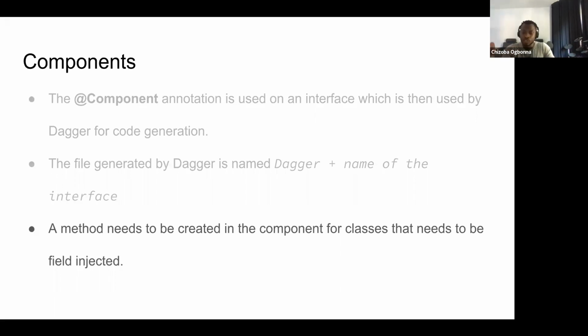I'm sure a couple of us have heard of Dagger before and may have some experience. You see in some app component some functions like inject into some activity, inject into some fragment. The reason that is there is because you want to do field injection. I need to get those components to inject dependencies into those fields. If you're using constructor injection, you actually do not need that.